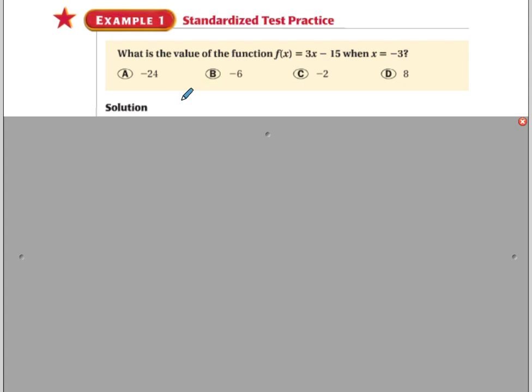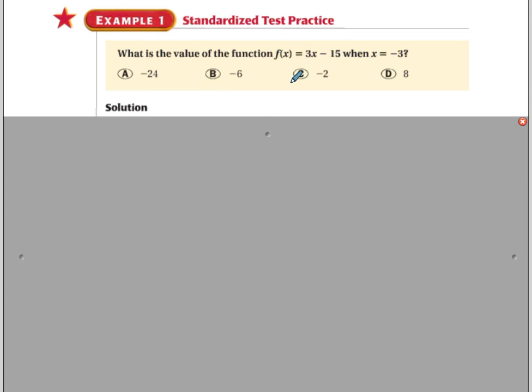What is the value of the function f of x equals 3x minus 15 when x equals negative 3? The options are A, negative 24, B, negative 6, C, negative 2, or D, 8.